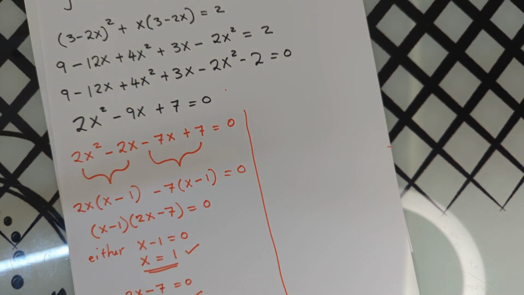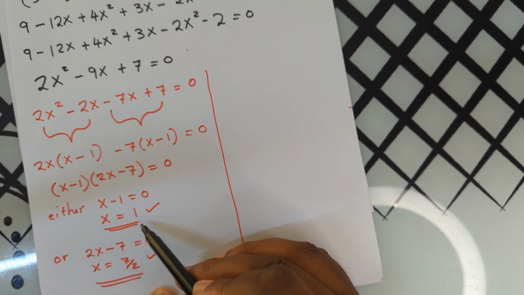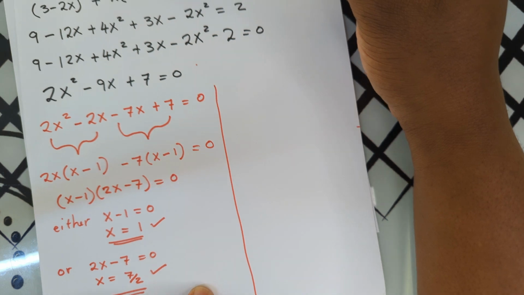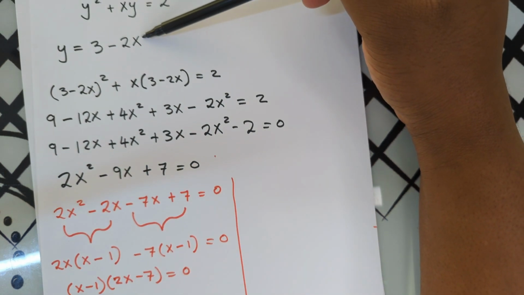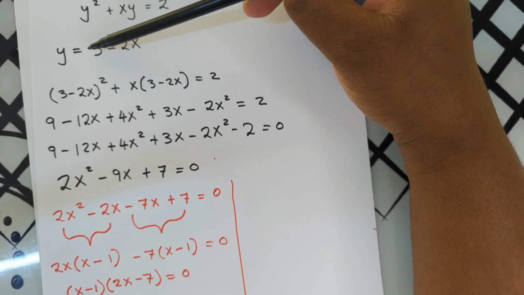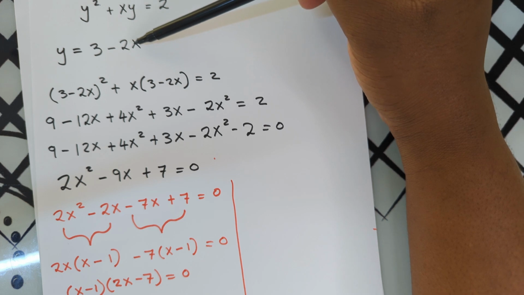So how do we do that? We are going to go back to our equations and replace. Let's start by replacing x is equal to 1. So let's go to this equation where we isolated y, y is equal to 3 minus 2x.